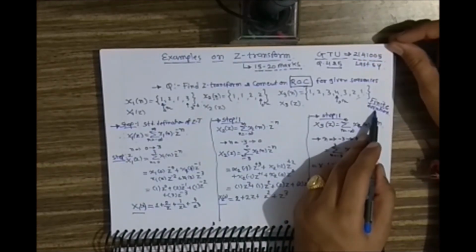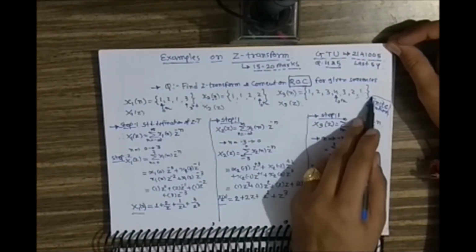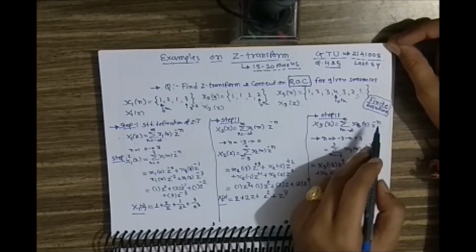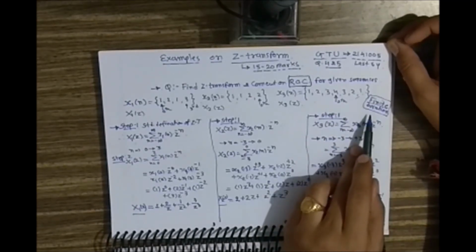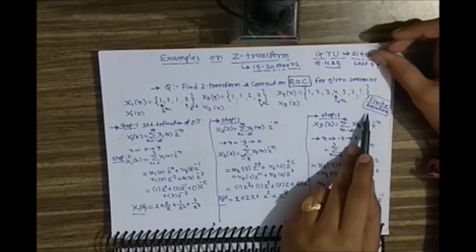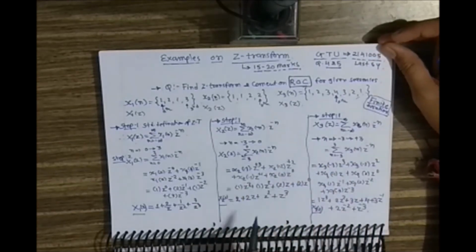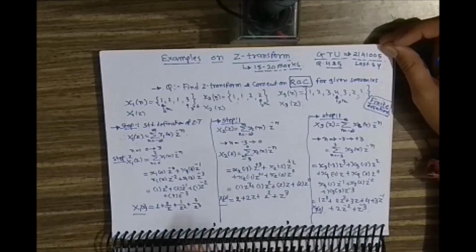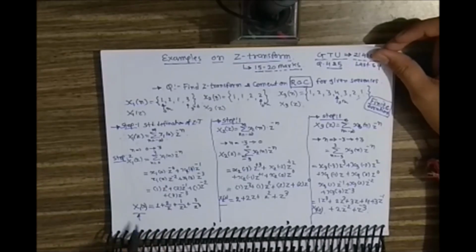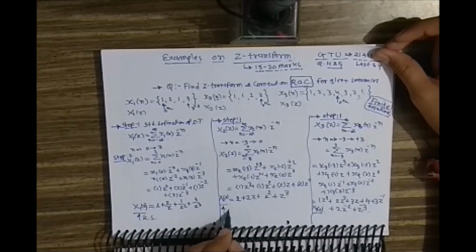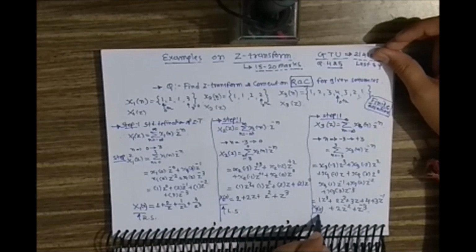Also, we have considered only finite duration sequences, so we'll also see what happens when we consider infinite duration sequences. Up to this point, this is the z transform of a right-sided sequence, this is the z transform of a left-sided sequence, and this one is the z transform of a both-sided sequence.